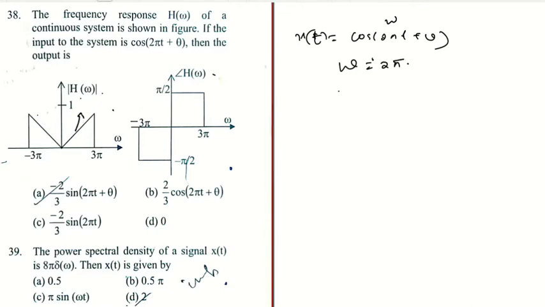This part we are not concerned with because it is on the negative axis. Our omega is on the positive axis, that is 2 pi. So whatever this H of omega is offering at our current omega, and also the phase shift, we will get a positive phase shift of pi by 2.